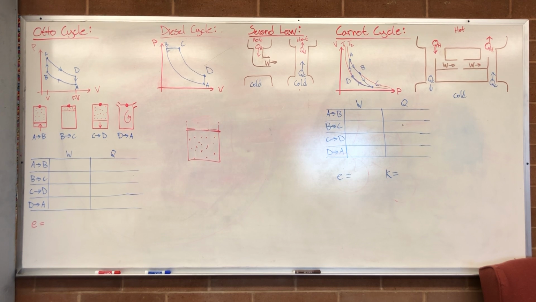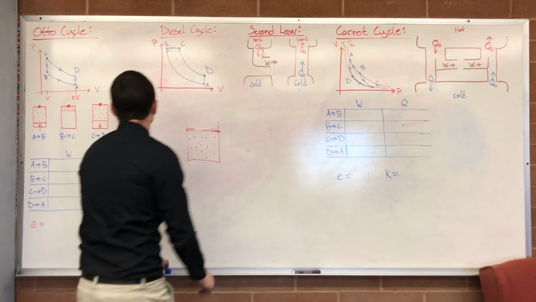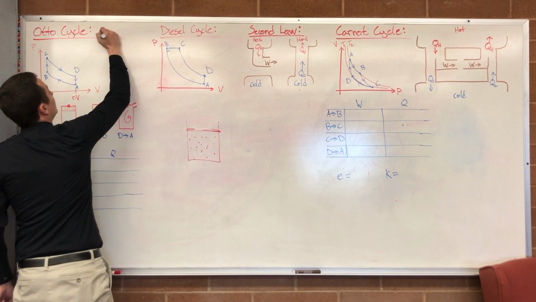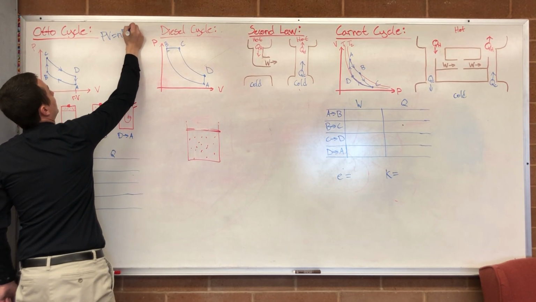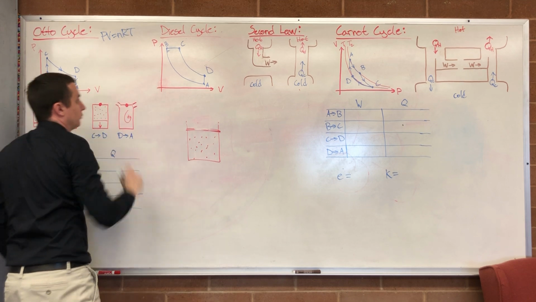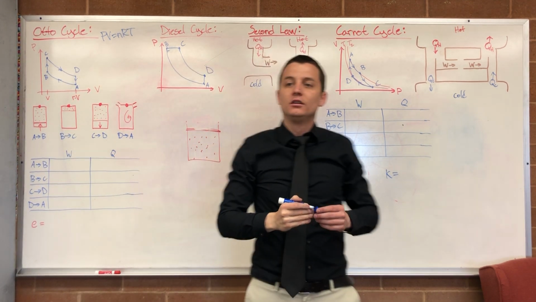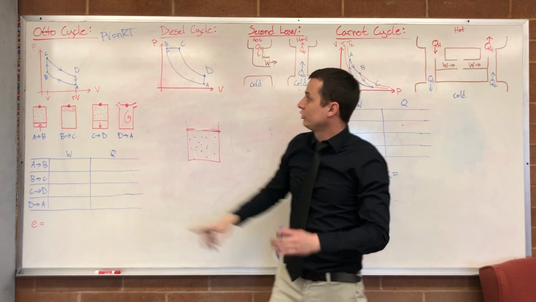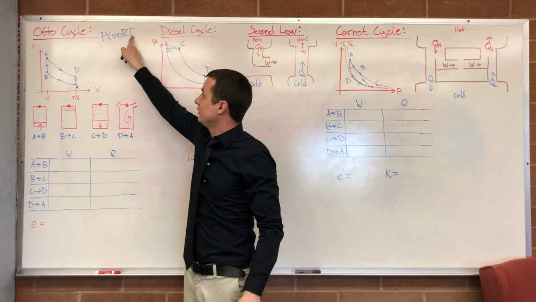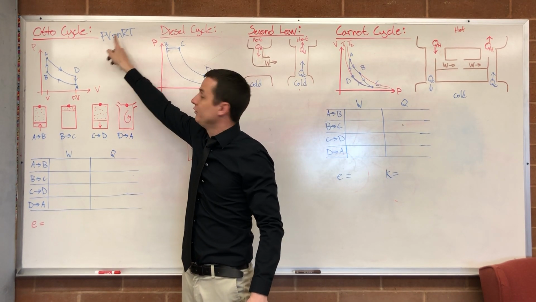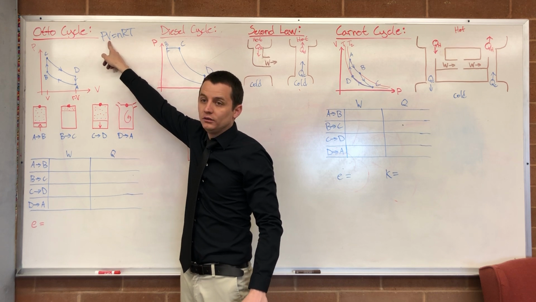Very different things. If you think about an ideal gas, PV equal to nRT, you'll see temperature is related to the product of pressure and volume. So just because the pressure goes up doesn't necessarily mean the temperature goes up, because the volume could have also gone down.